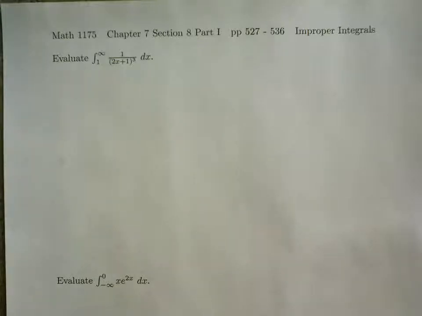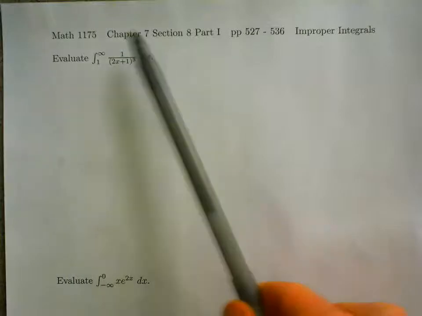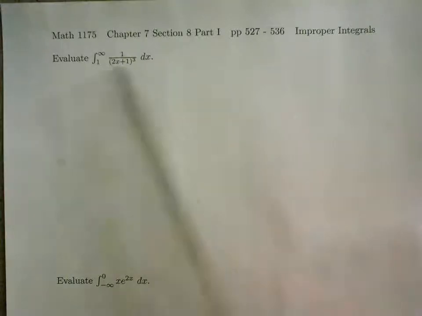So do you think it converges or diverges? Yeah, I'm betting that it's going to converge. We don't have 1 over x to the third, but we have 1 over a linear expression to the third. So I'm expecting it to converge. But we can determine what it converges to.